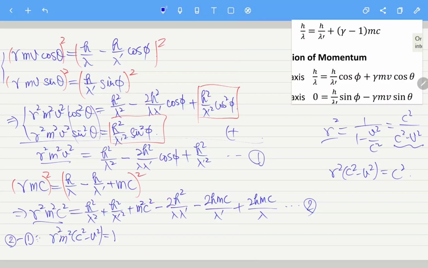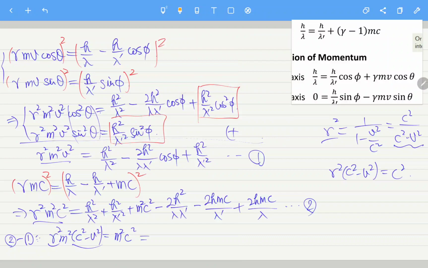So this is gamma square m square, no gamma square anymore. It should be only m square c square, because this one and this one is c square. Okay. So on the right side, let's see whether we can eliminate something.